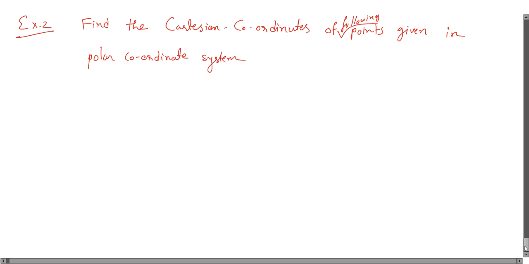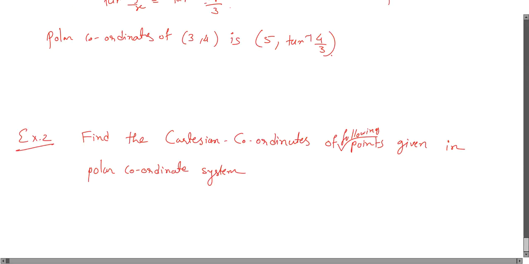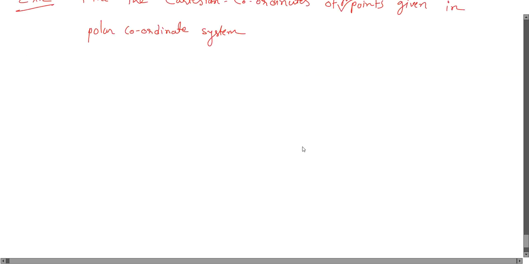Okay, if you have observed, then for the conversion from polar to Cartesian, we were using the simple formulas that x is equal to r cos theta and y is equal to r sin theta.